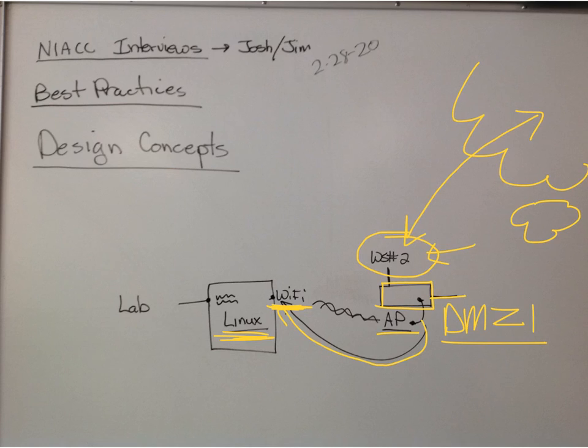The reason is, if you hook it up to the lab, you can set this to match the lab work, right? So then you can telnet to this Linux machine, which is connected to the lab work.